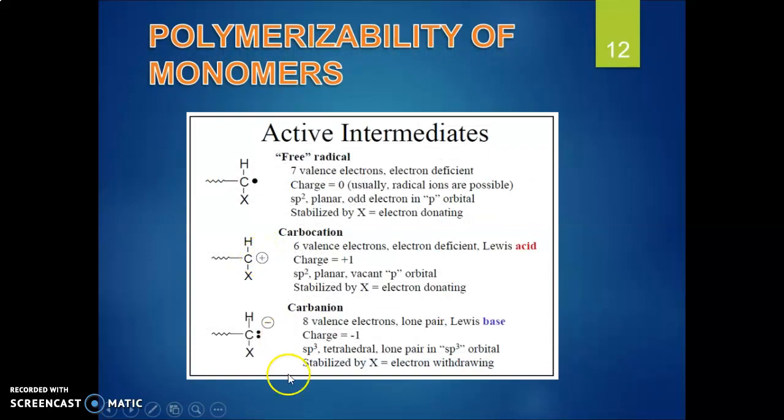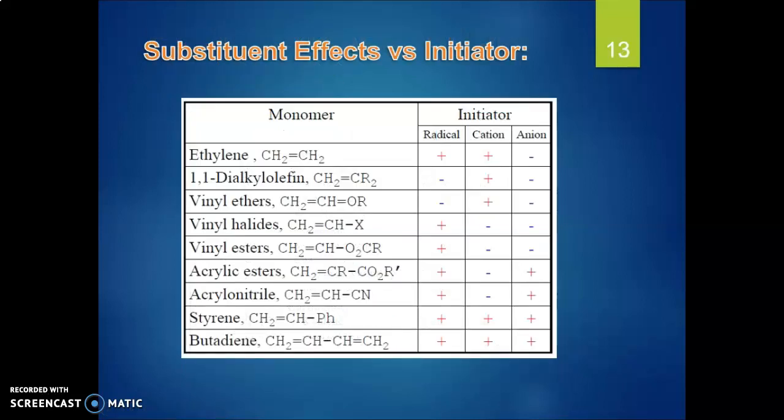Okay, this is the carbanion, which has a negative charge, which is a Lewis base. So we will look at this subchapter in the next slide. Some substituent effect versus the initiator.